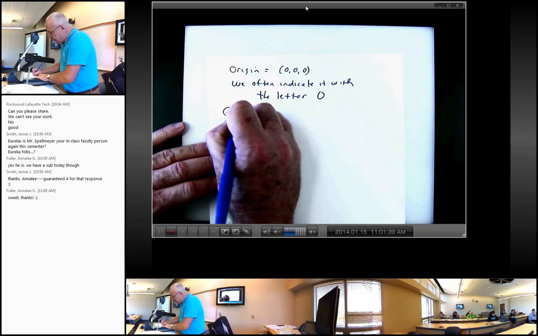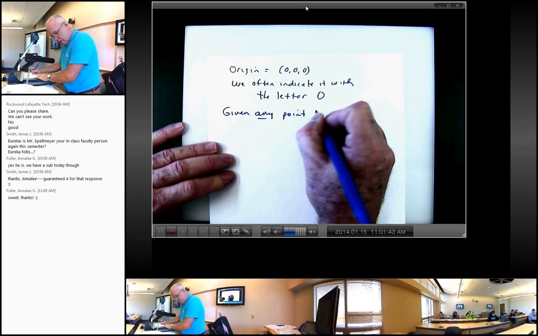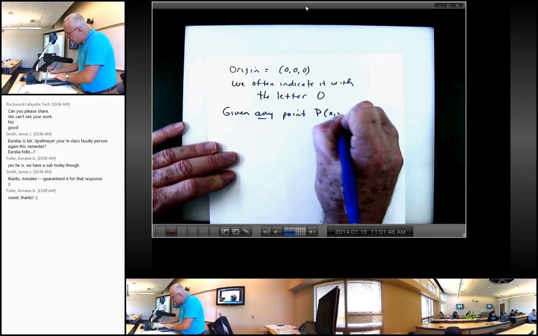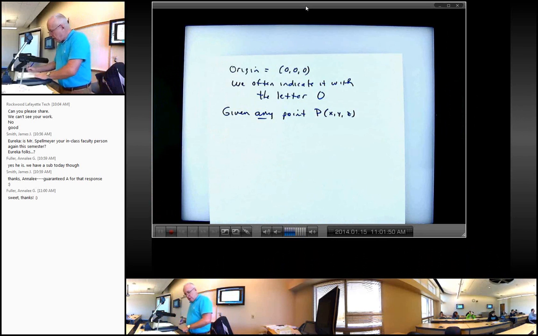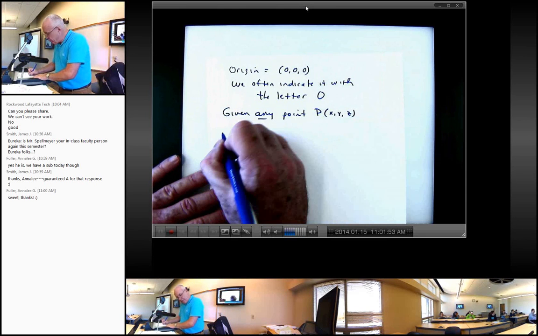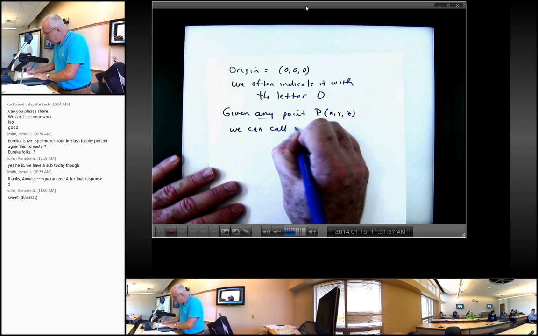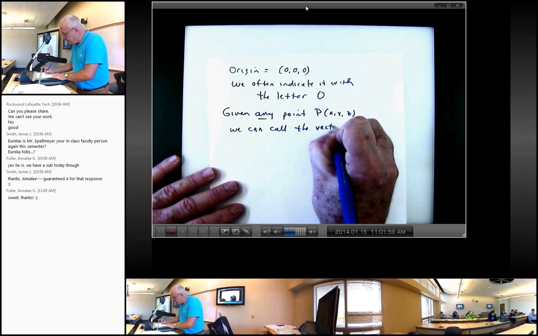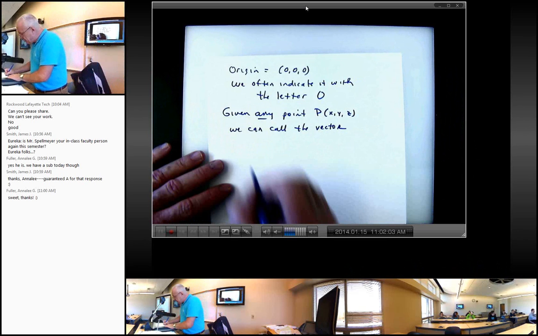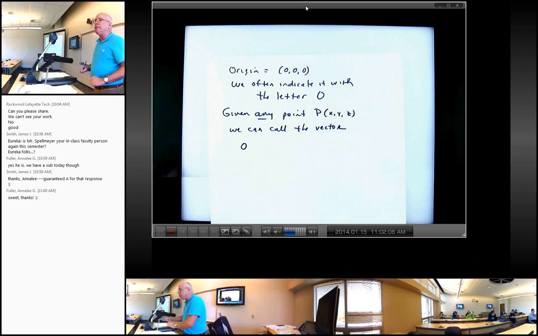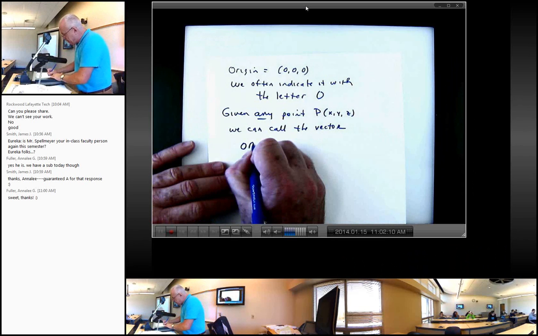So given any point, we'll call it point P with an X, Y, and Z for its components. Again, this is a point, not a vector. We can call the vector, now we're going from a point to a vector, and this vector is the displacement vector starting at that origin, that point O, going to the point P, all right?